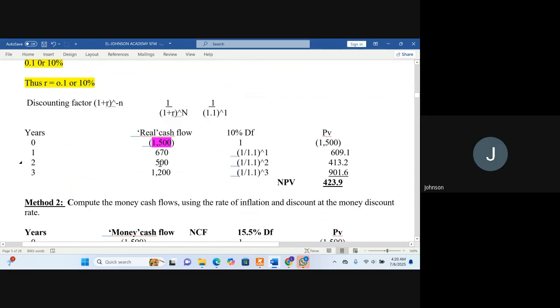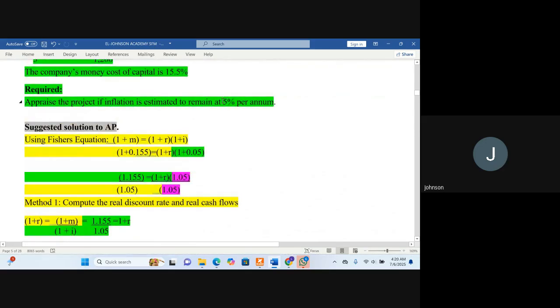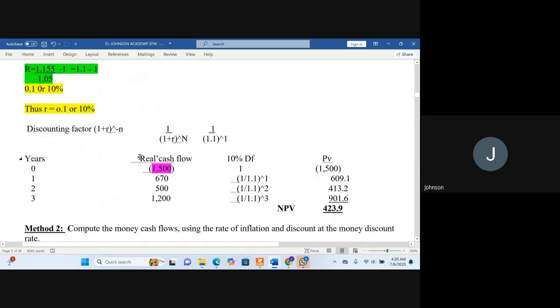We make sure that we did not use inflation to affect it, because the inflation rate we're given is only one, and what is the need to start inflating all the cash flows where we can quickly change the cost of capital, so that we can use that cost of capital to marry the cash flows. So this is the real cash flow from the project, because we didn't use the inflation rate to affect it.